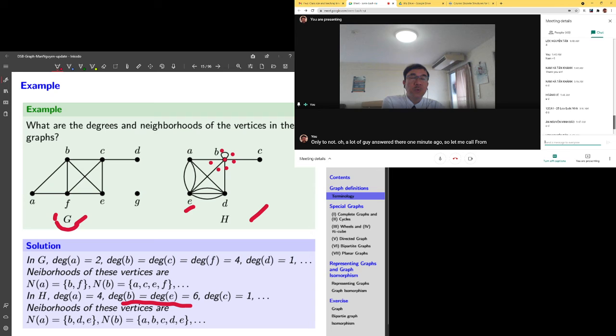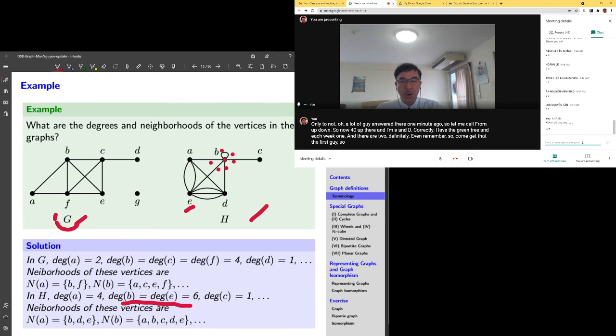Khánh Nam gave E and D. Correct, because E has degree 3 and D degree 1 and there are 2. That means an even number. Good. So Khánh Nam gets another point. So Khánh Nam today has got 2. Remind me, okay?